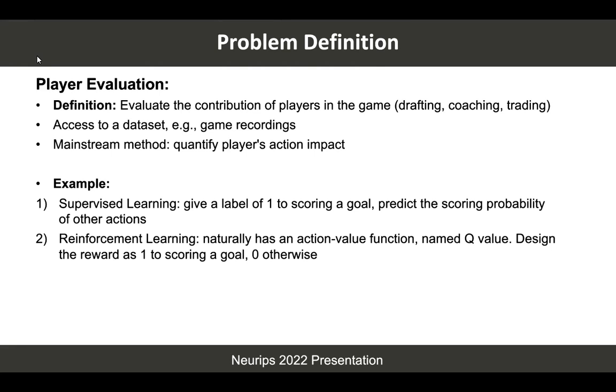In this case, we may design a reward function where we give a reward of 1 to scoring a goal and 0 otherwise, and then run reinforcement learning to learn the action value. This reward is pretty sparse, but as we will see in our experiments, it can give us some good ranking results.